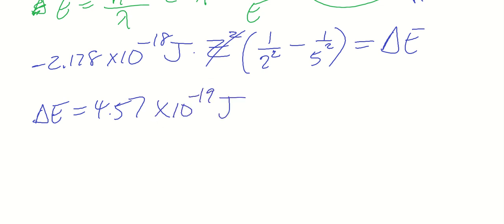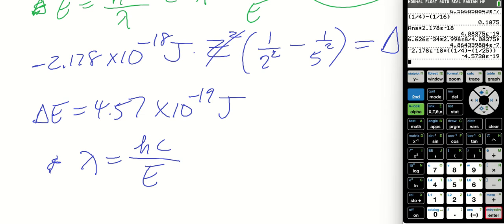Now, let's plug that in. I don't have to derive this again for you. You remember, it's Planck's constant times C over energy. We just did this twice. Let's plug these numbers in. Planck's constant is 6.626 times 10 to the negative 34 times the speed of light, 2.998 times 10 to the 8, divided by that number, the energy we just got right there.